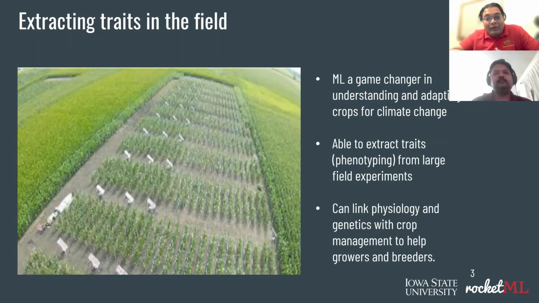The experiment that you see on the left is done by our collaborator, Pat Schnabel's group, where they have a very large area covered by different genotypes or different types of plants, and they are repeating this experiment across multiple geographic regions, across multiple years.